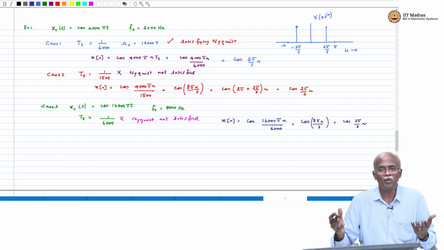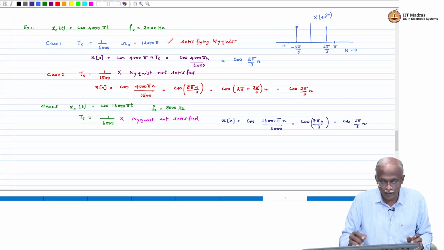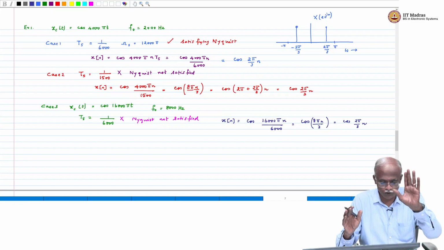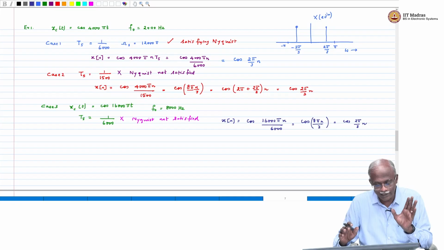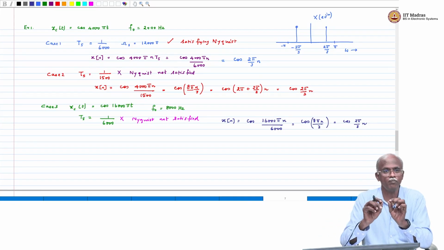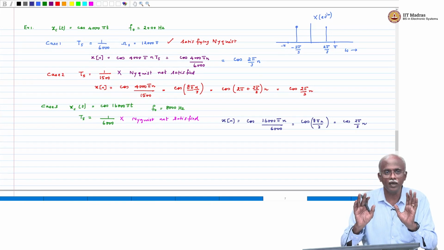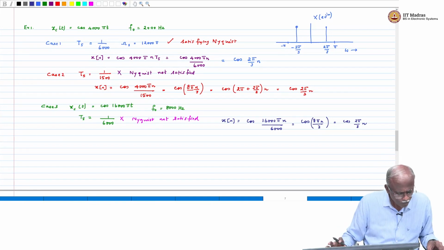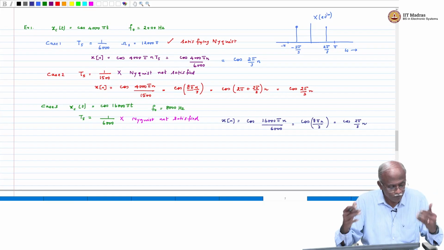So, the question that we want to ask is, are there other frequencies? We know that 4000 pi t and 16,000 pi t will produce cosine 2 pi by 3 n if you sample it at Ts equal to 1 over 6,000. Now, are there other frequencies?